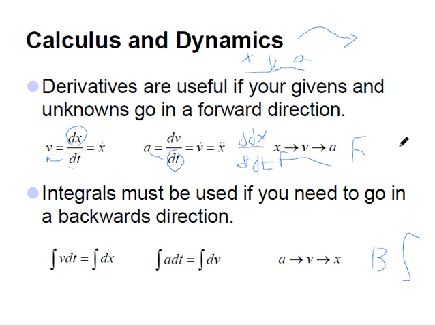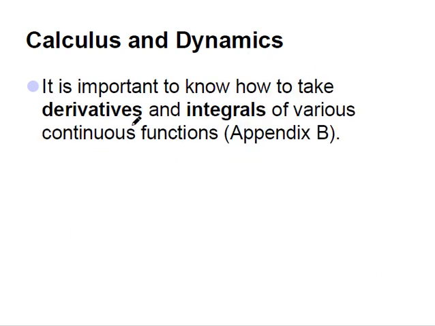Going forward, do derivatives, that is, differentiation. When we say differentiation, we're talking about the mathematical operation. The name of the operation is differentiation, and the results you get are called derivatives. Likewise, integration is the operation and integrals are the results. A mathematical operation means you're doing some sort of calculation.